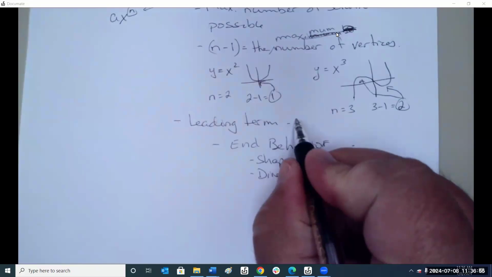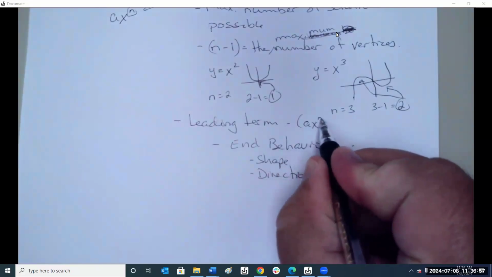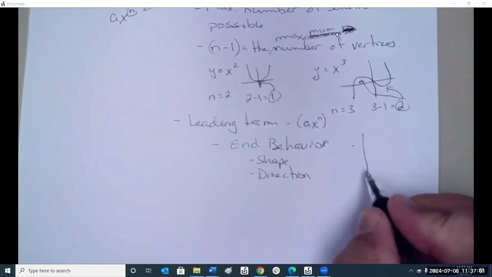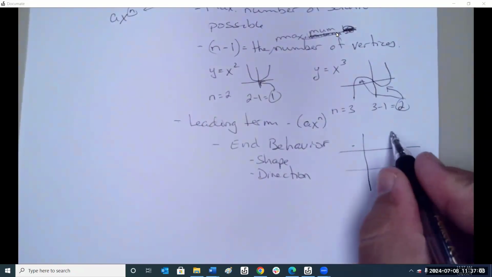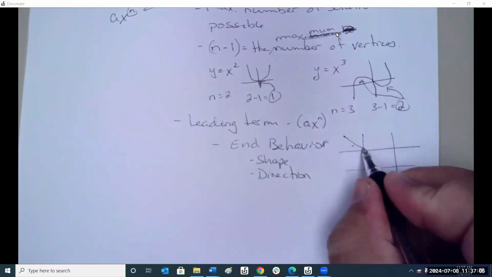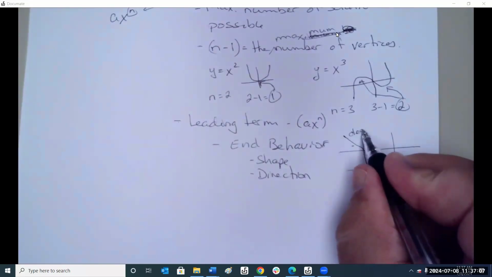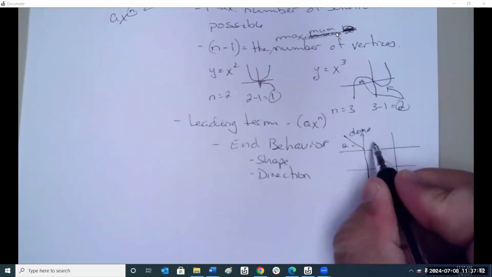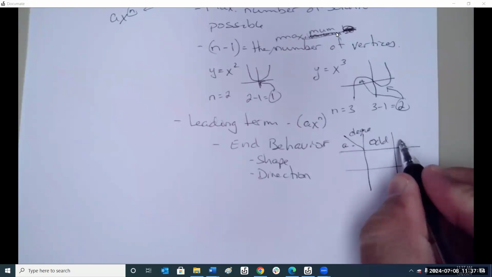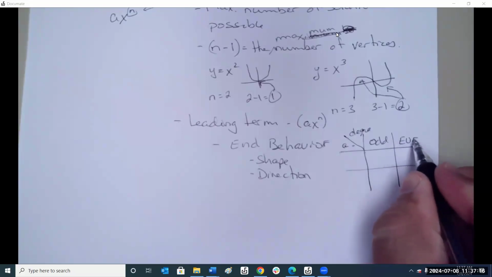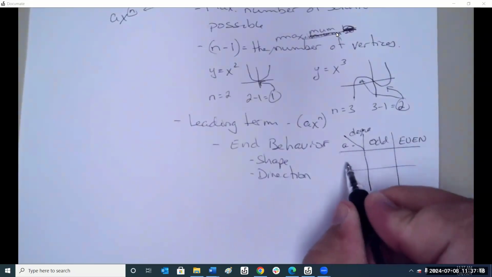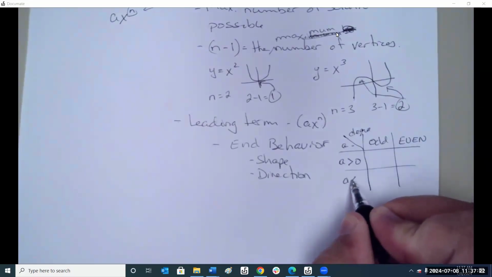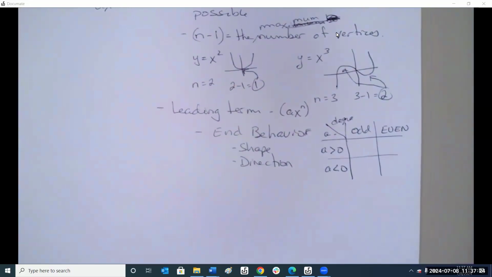So the leading term is ax to the power n. So if the degree is odd or even, and if A is positive or negative.